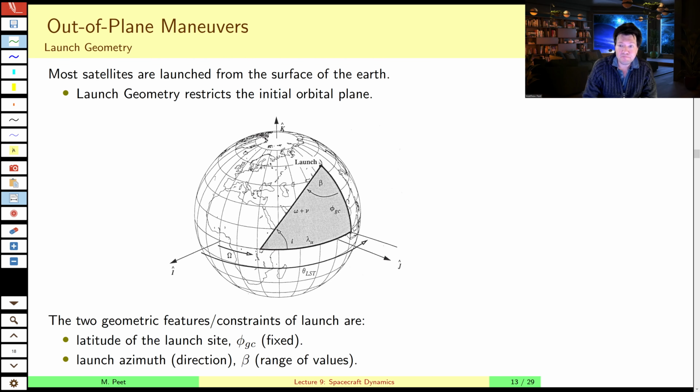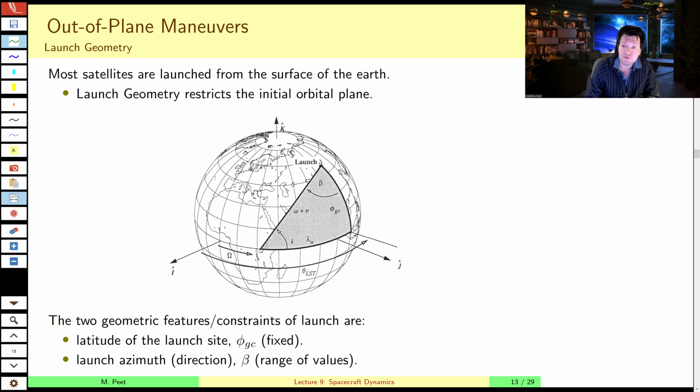So to begin, in this relatively brief part, I'm going to introduce the problem of the first orbital 3D plane maneuver, which is the one you use to get off the ground, which is a rather large one. It's typically about 9.3 kilometers per second, in that you have to establish yourself in orbit.